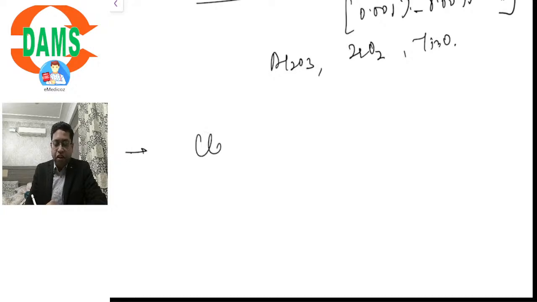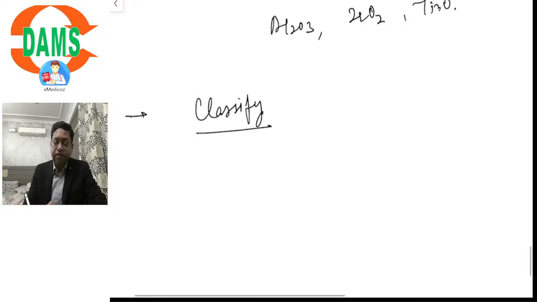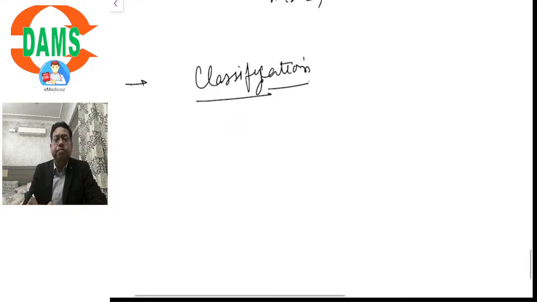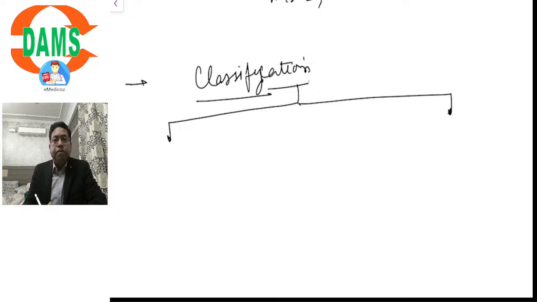Now let us see how we classify the various composites. Or we talk about the classification. See, there are two principal schemes for the classification of composites. One is a traditional method that is based upon the type of filler.